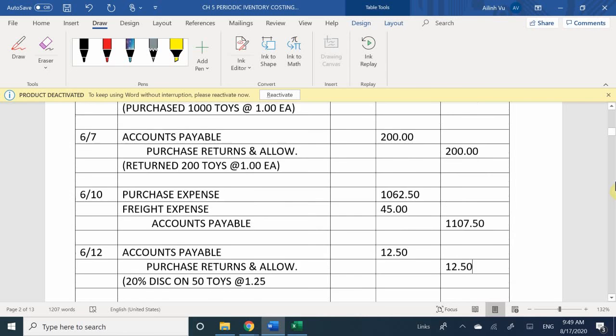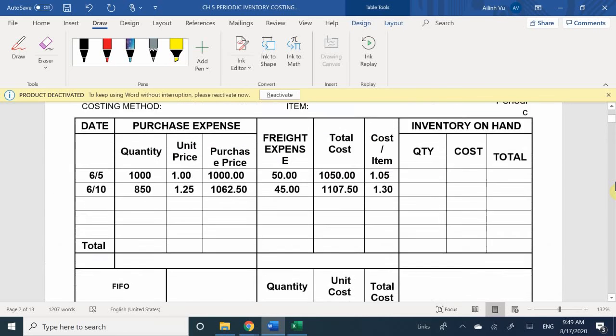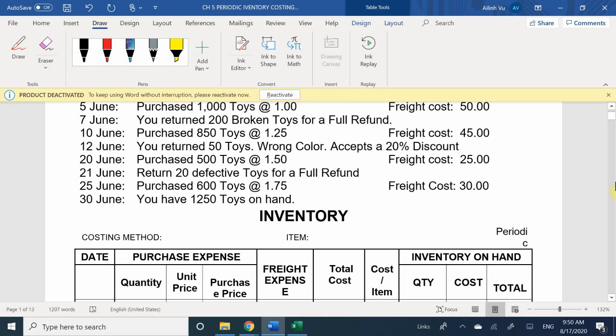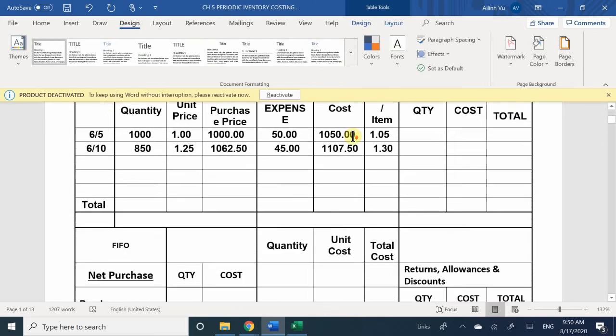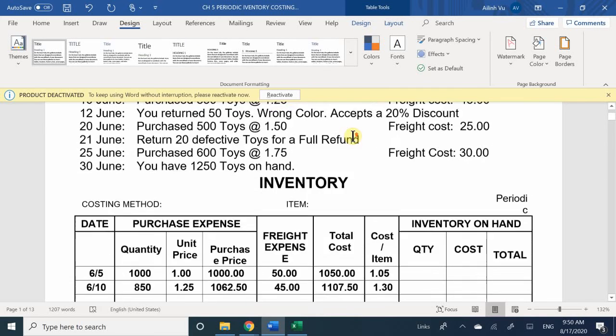Okay, now we can go back to where we were before. So, what happened on June 20th? Purchase 500 toys. At how much? $1.50. So, now, here is what I generally would ask you to do.